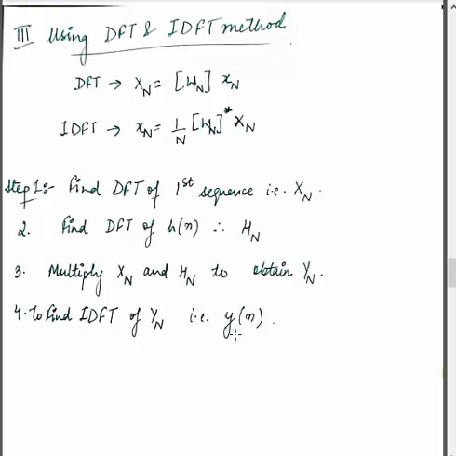Suppose x of n, the first sequence, has 3 samples and the second sequence has 4 samples. So it is not necessary to have the same range in linear convolution. That's why the results of circular and linear convolution are not the same.